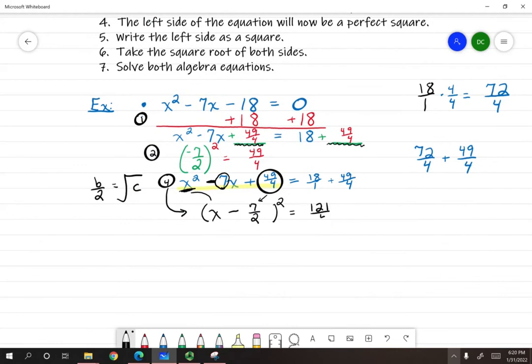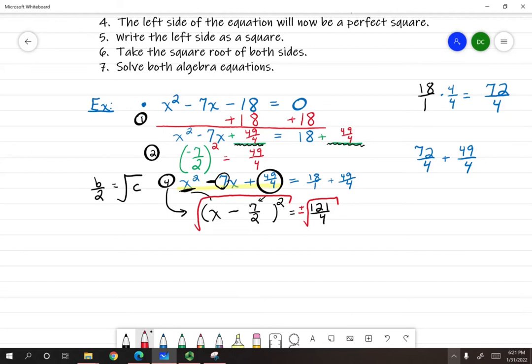121 over 4. In the previous sections, we actually solved quadratic equations using something called the square root property, and that's exactly what we're going to do now. We are going to take the square root of the left side and the square root of the right side, being very careful to remember my plus or minus.